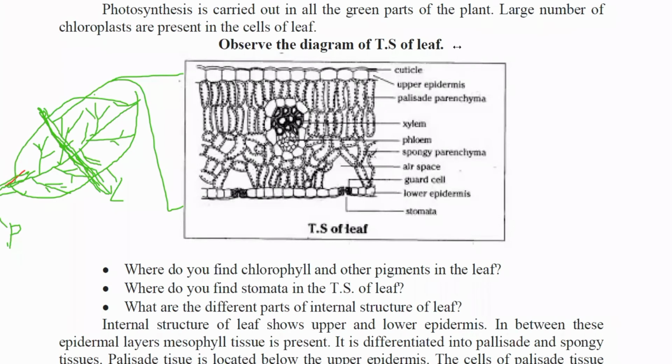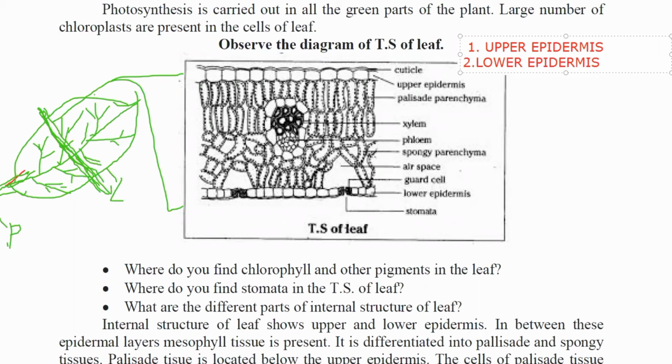The TS of leaf consists mainly of the following parts. Number one, upper epidermis. Number two, lower epidermis.